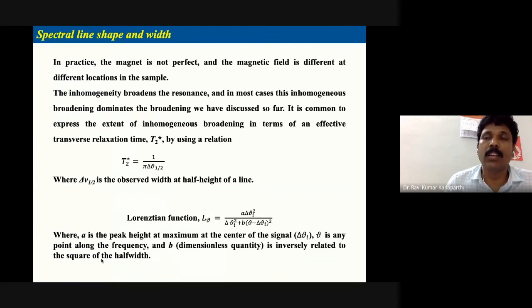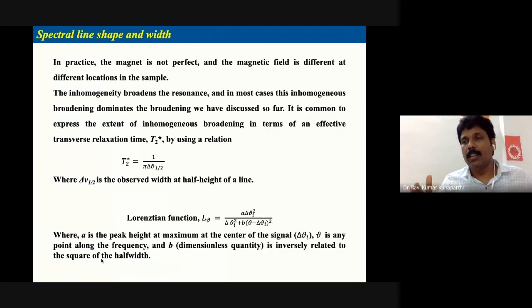Why? Because if it is occupying huge space for any spectral signal, that also compromises the resolution on the other side. Okay, resolution will be compromised. As a result, if you have two signals which are very close by, it is difficult to resolve them properly.